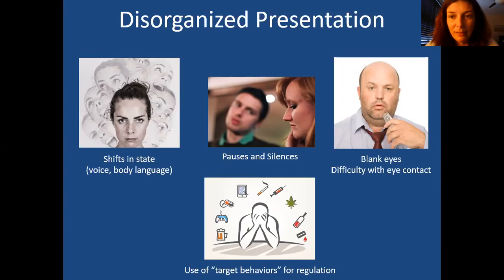Kind of like the guy on the right in that picture, although it has nothing to do with the bottle necessarily, but that blank look, the hypotonic eyes, difficulty with eye contact because you're afraid if you look in someone's eyes, you're just going to see threat there, shame, different things like that. And if you had no other way that you figured out for managing your emotions and all these distressing things you've been going through, you might be somebody who relies on target behaviors because you couldn't figure out a different way, okay? Not that I'm condoning that, but it helps explain it, okay?